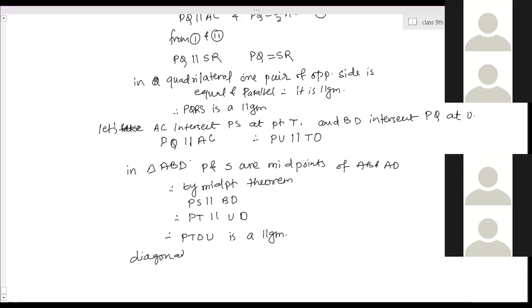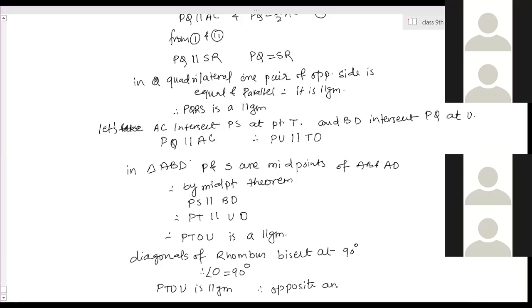Diagonals of rhombus bisect at 90 degrees. Therefore, angle O is 90. PTOU is a parallelogram. So therefore, opposite angles are equal. Therefore, angle P is 90.